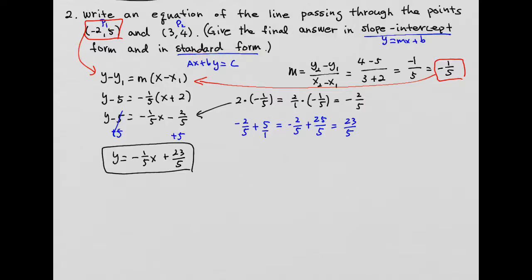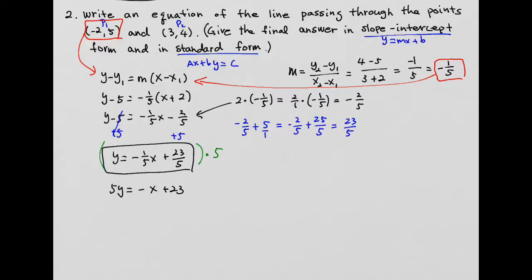But they also want you to answer with standard form. In order to use the standard form, there should not be any fractions. So what I need to do next is multiply everything by 5. Then I will get 5y equals -x plus 23.